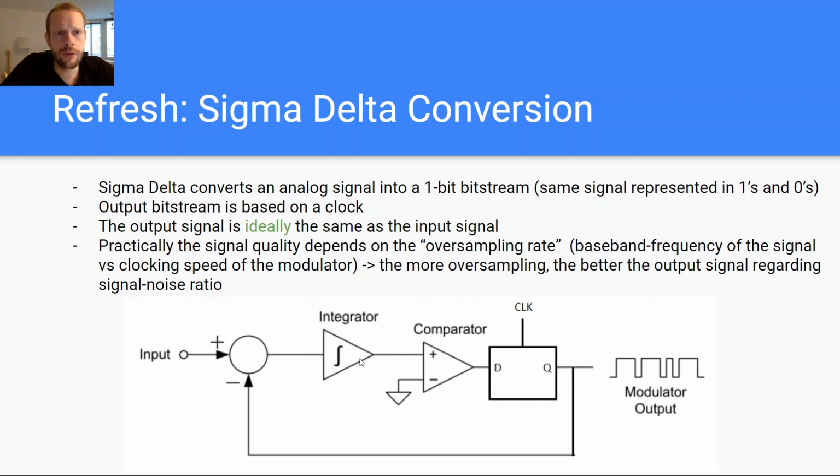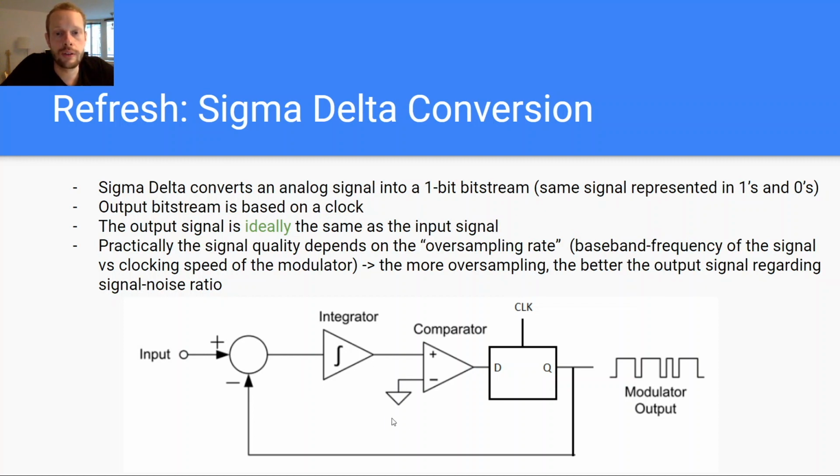The overall thing works like this: our input signal is fed into an integrator together with the feedback signal from the output. The integrator signal is compared against a reference voltage. At the output we get a bit stream which is only 1 or 0, so it is quantized in only 2 states.